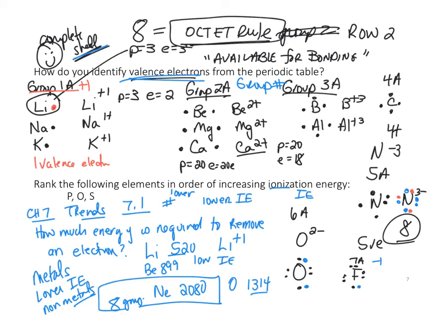So there you go. Ionization energy is the energy to remove an electron from 1 mole of substance in the gas phase. Can I answer that? Oh, we have to look at these three here. Phosphorus, oxygen, and sulfur. Increasing ionization energy.